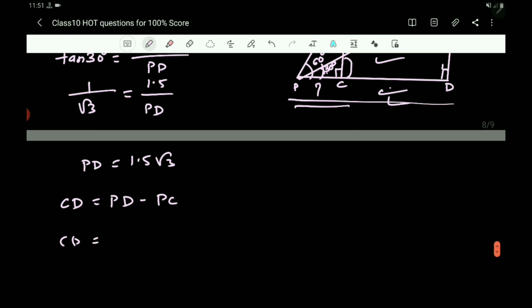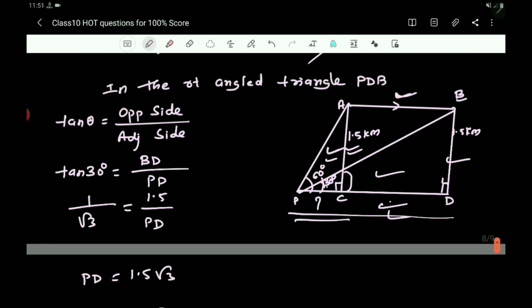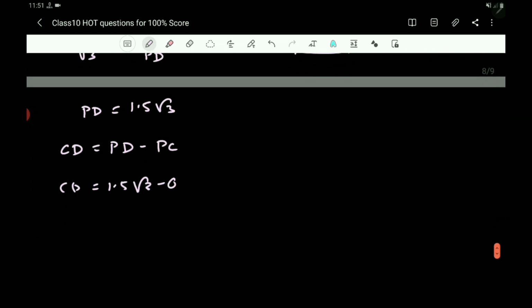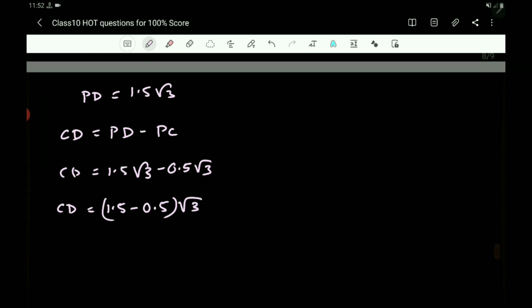CD equals PD, which is 1.5 root 3, minus PC, which is 0.5 root 3. That is CD equals (1.5 minus 0.5) into root 3.